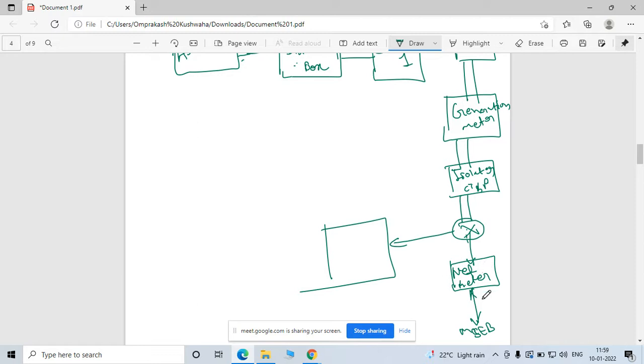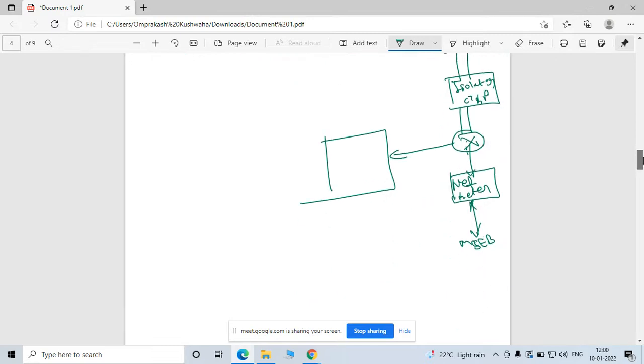Earlier power could flow in only one direction, but after such a setup you are able to transfer your generated power to the grid.